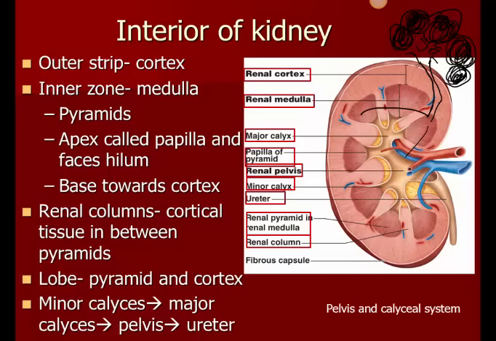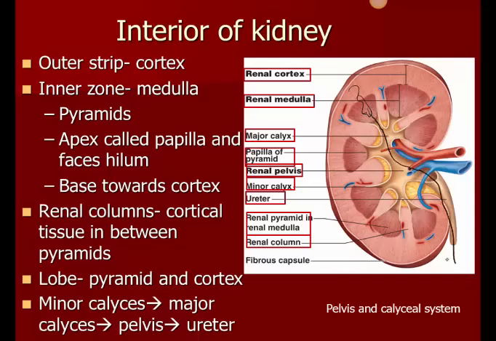But otherwise, urine is formed here in the kidney. It passes out into the minor calyx, major calyx, pelvis, ureter, and comes out. And at this point where the papilla is opening into the minor calyx, which I drew like this because it's a cup-shaped structure that the papilla projects into, there are little holes here so that urine can pass out this way.